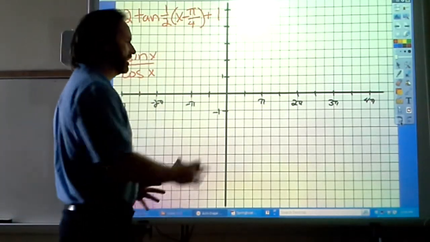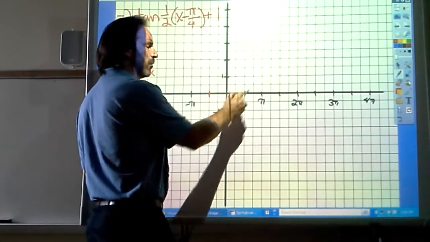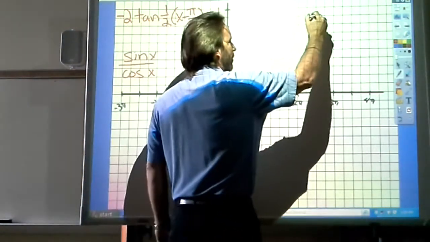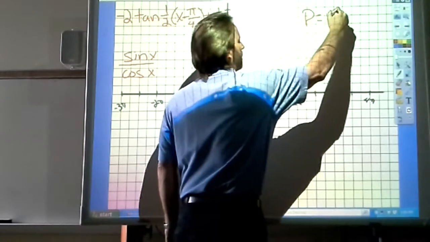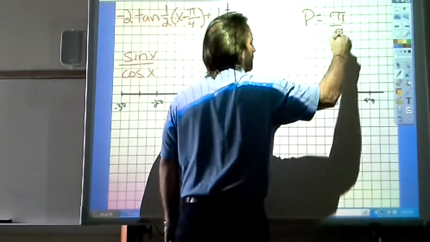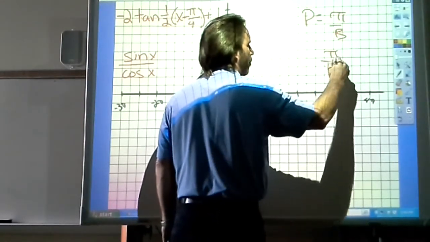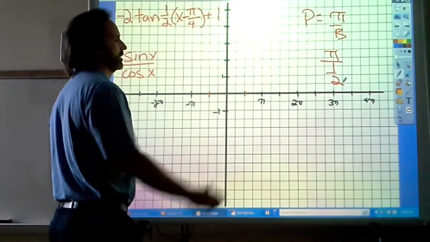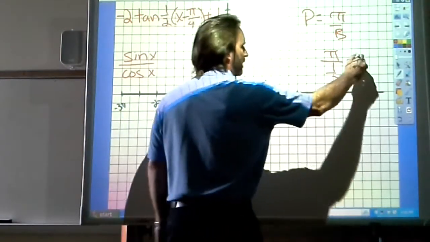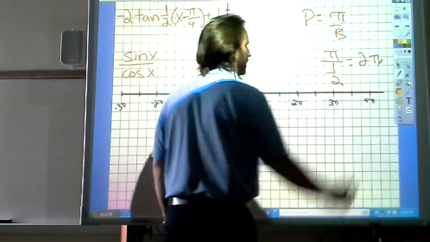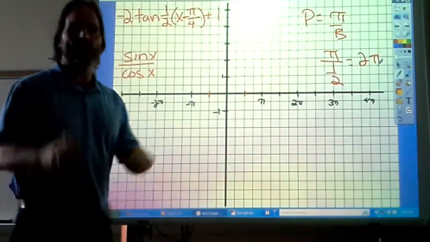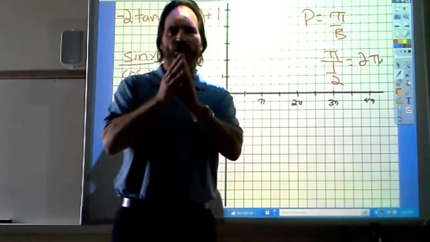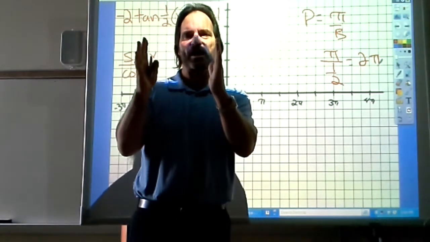Our period is now from here to here, which is pi over b, pi over 1/2. This 2 comes up, and that equals 2 pi as my period. So my asymptotes are going to be 2 pi apart, not pi apart.